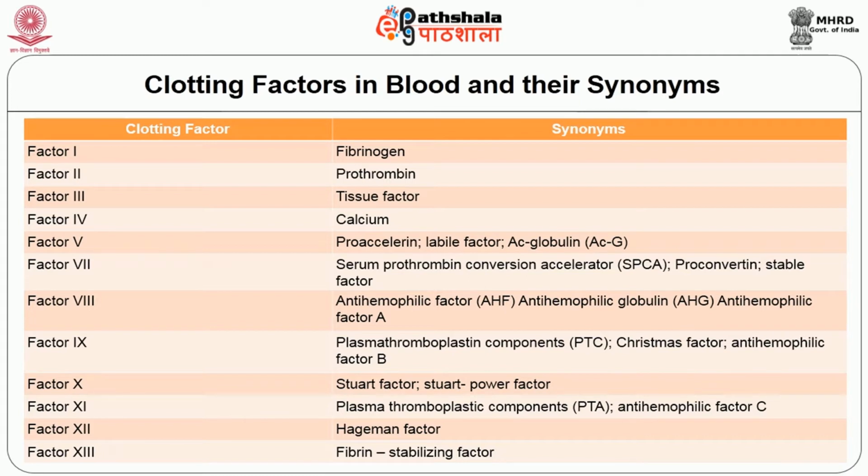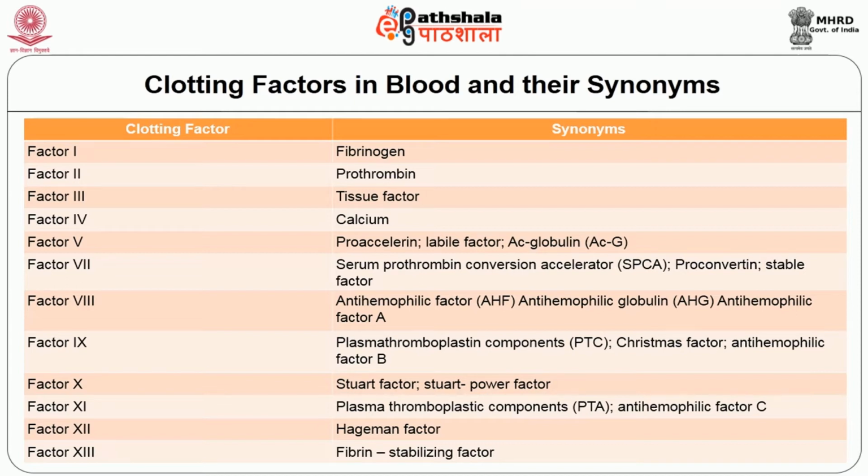There is no factor 6. Factor 7 is called serum prothrombin conversion accelerator, or the other name for it is stable factor. Factor 8 is called antihemophilic factor or antihemophilic factor A. Factor 9 is called plasma thromboplastin component or Christmas factor, or otherwise antihemophilic factor B. Factor 10 is called Stuart-Prower factor or Stuart factor.